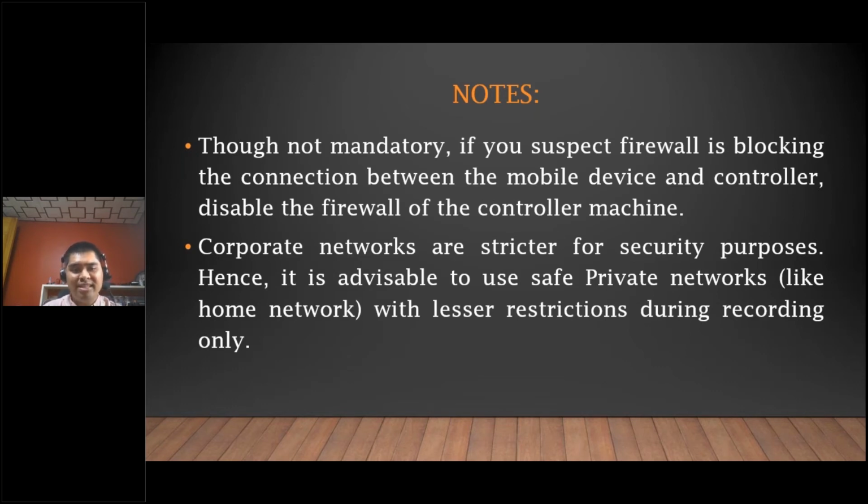Just make sure that no one is hacking your home network. As long as it is safe and private, I think there should be no issues with this. Anyway, you will only need this during recording.